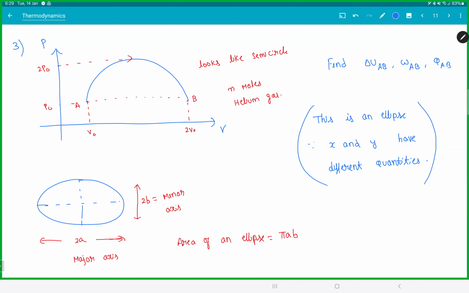Right, I'll give you 2 minutes. Think about it. This would be a decent question, even at an advanced level, a moderate to easy one, but it's a decent one. Work done is not that easy.